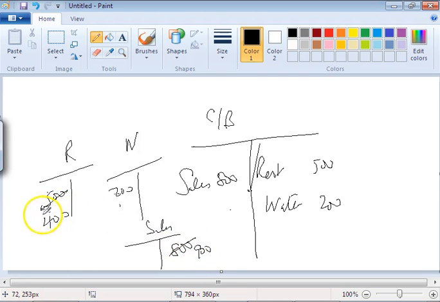So overall, when we do our trial balance, yes, the debit side has gone down by 100 by this mistake of 100, but I've increased this side by 100. So you'll see that your trial balance will balance because this error here of 100 is being compensated for by this error here of 100.